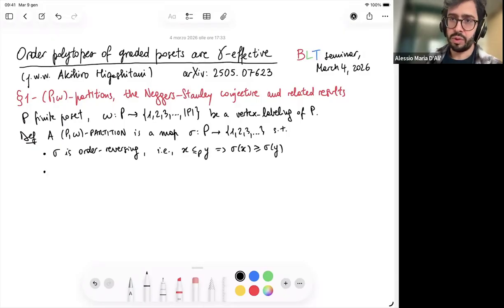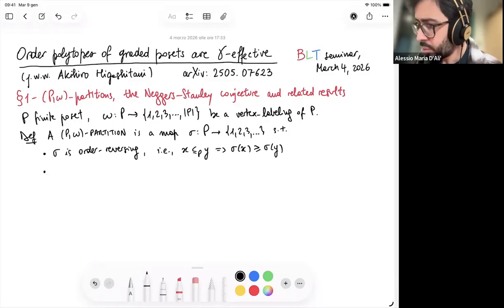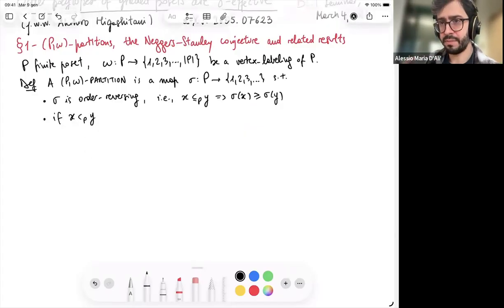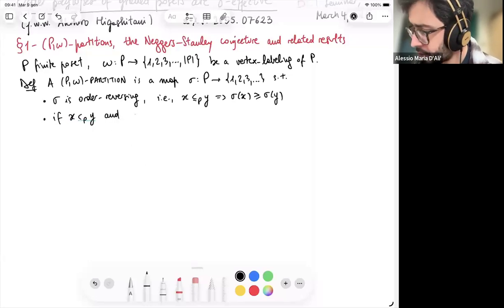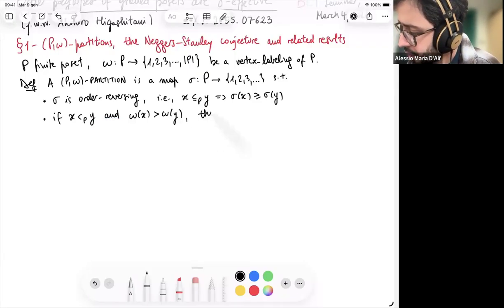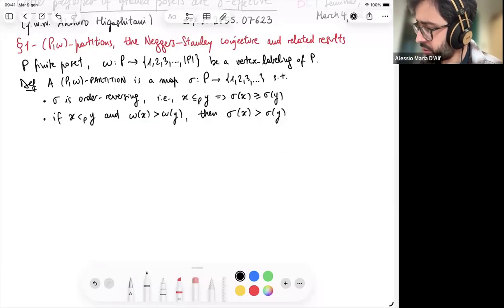What does omega do? What is the information that omega gives us? Well, if it happens that you have a pair of elements that lie one below the other, but are such that this happens, so you basically get the wrong labeling, sorry, the wrong inequality, then I want sigma to be a strict inequality here.